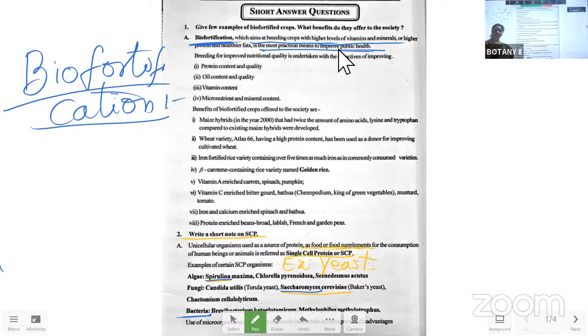If we make the rice and the wheat high in proteins and vitamins, then everything will be compensated for us, and each and every person in the country, otherwise in the world, will have good nutrients in their body, so that they can become very good citizens for the country and they can save their country. And once the internal health is good, then the mental thinking will be normal.